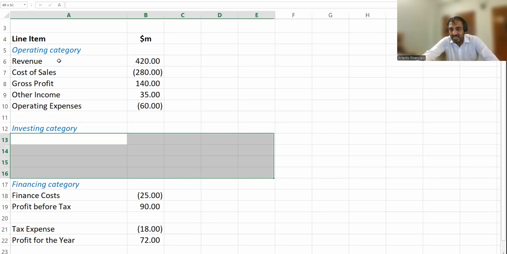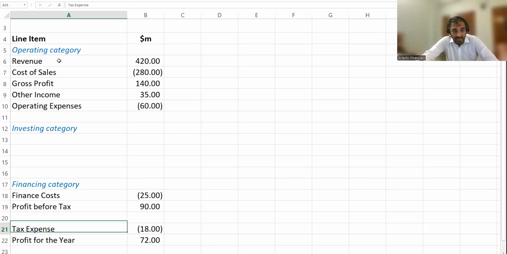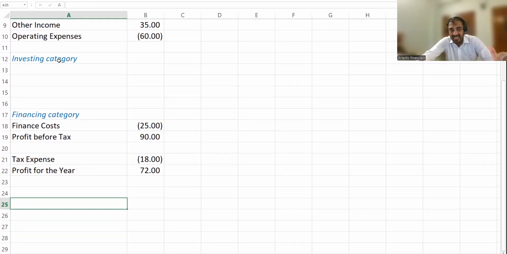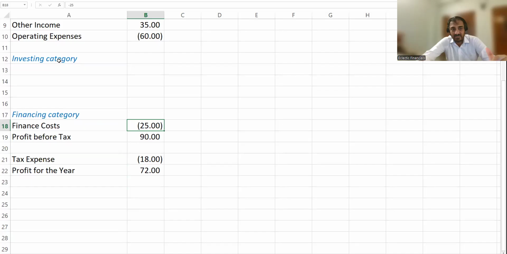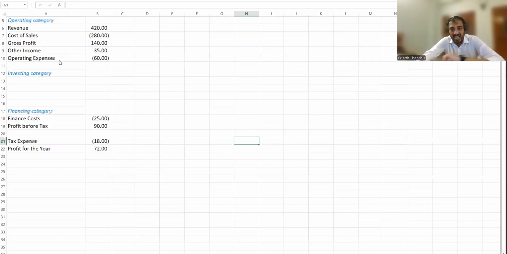Something is a gap. It's about investing category. Maybe some items need to be incorporated. We need to refer to the exhibit. Finance category, that's finance cost. Profit before tax. Tax expense. Profit for the year. First of all, you need to refer to that.